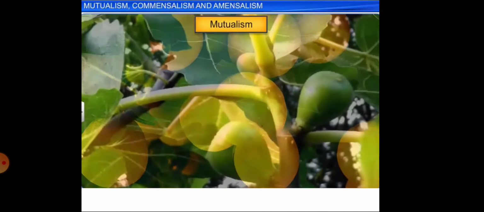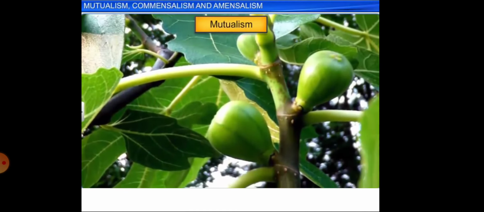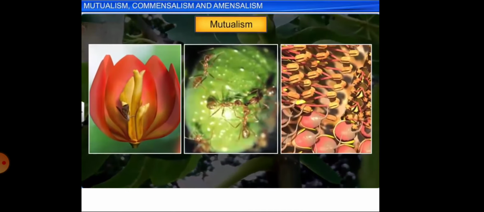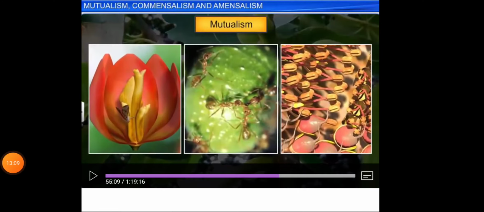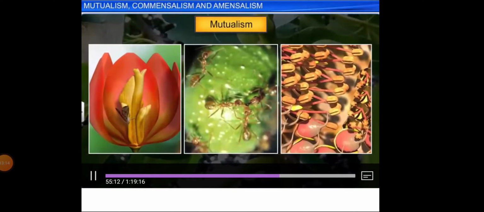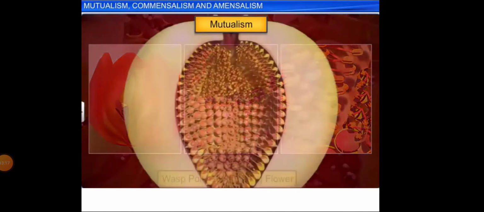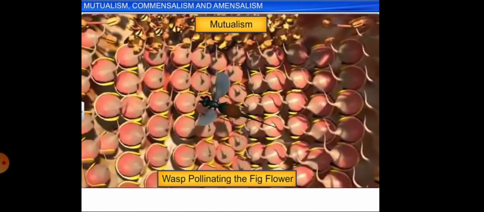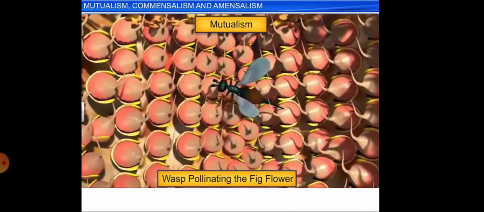In fact, a given fig species is pollinated only by its partner wasp species and no other species. The wasp serves as a pollinator, while the fruit serves as an oviposition or egg-laying site.